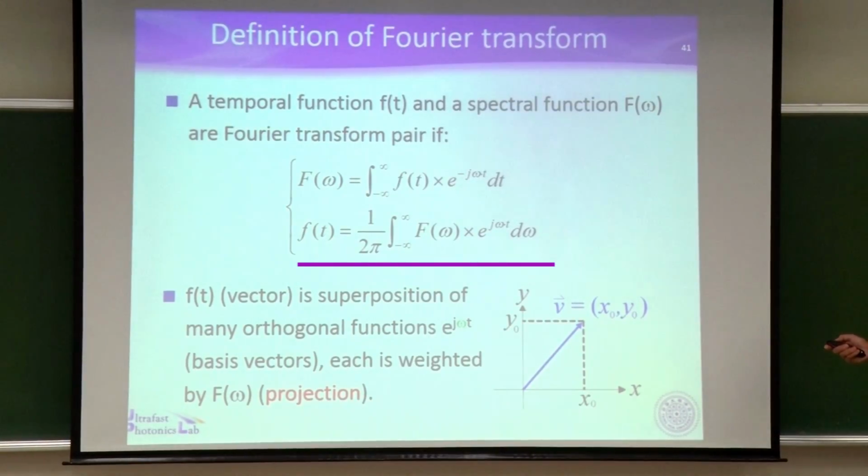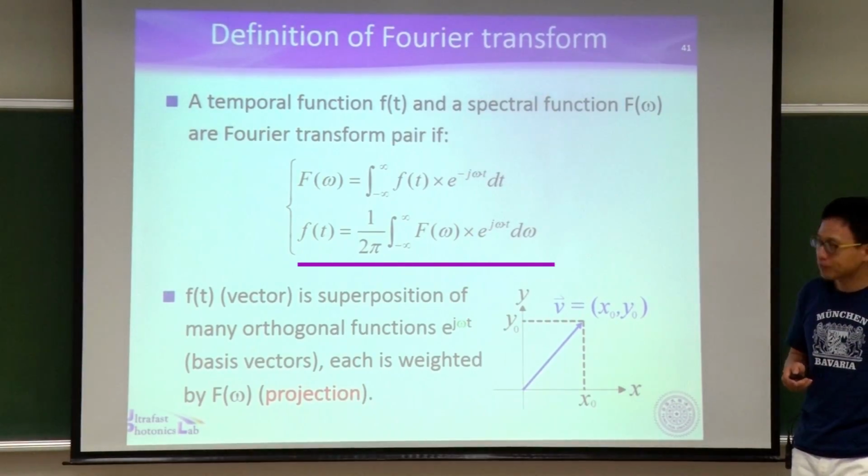So equivalently speaking, f of t is similar to the blue vector here. And the e to the j omega t, with omega equal to omega 1, omega 2, and so forth, are similar to the x, y, maybe z, or even more axes, right?